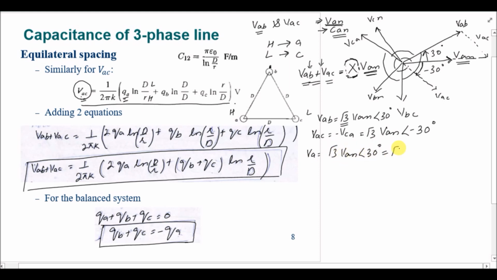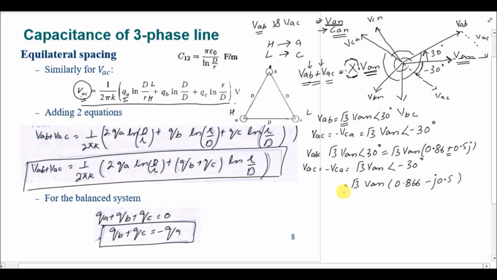Now VAB is equal to root 3 VAN angle 30 degree. That is actually equal to root 3 VAN (0.866 plus 0.5j). This is VAB, and VAC is equal to minus VCA, root 3 VAN angle minus 30 degree. So this sign will be replaced by minus, root 3 VAN (0.866 minus 0.5j).